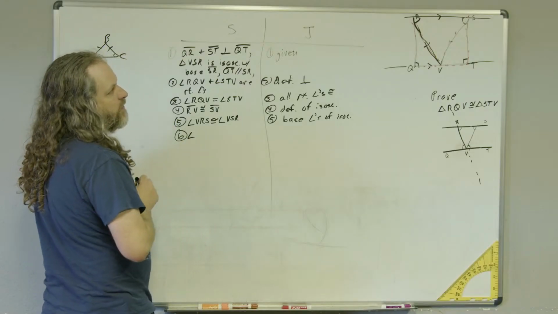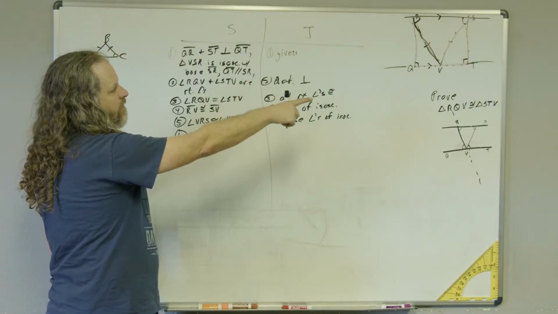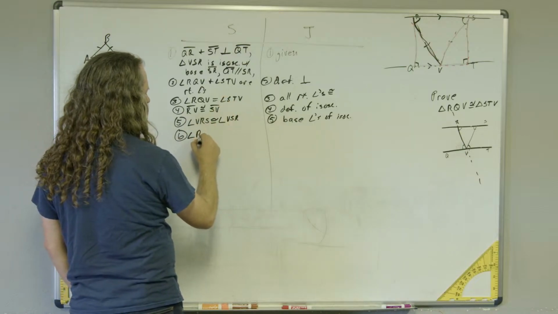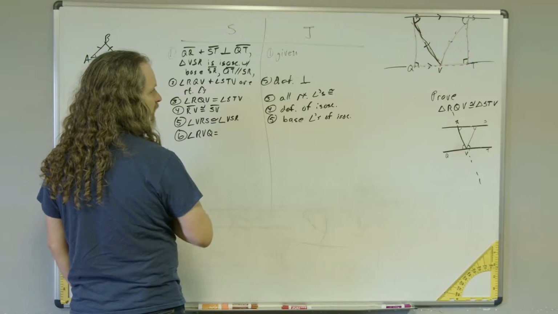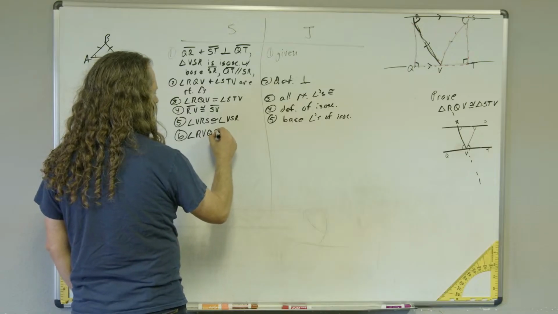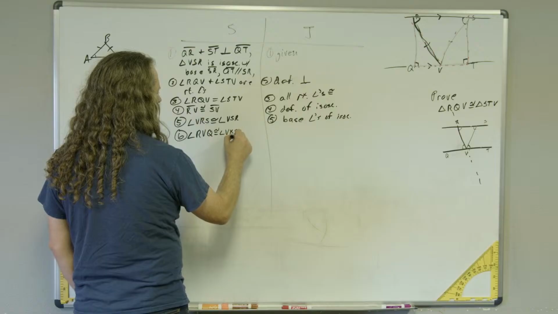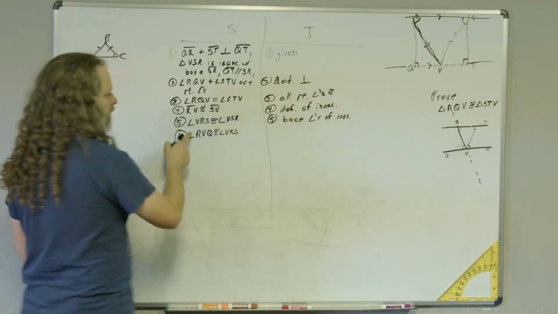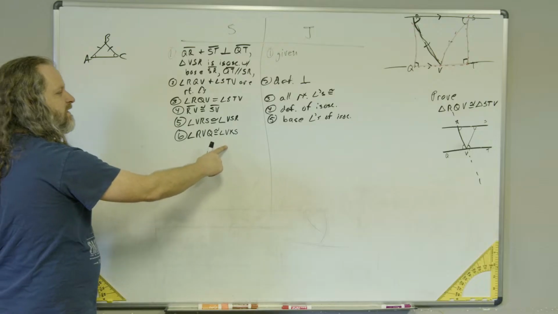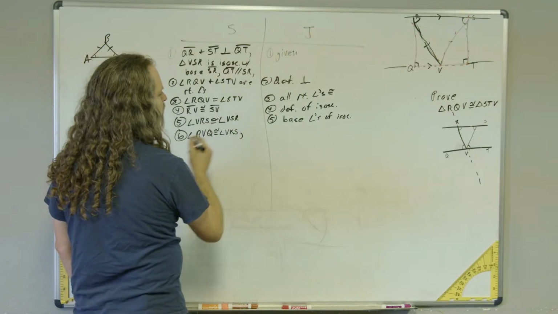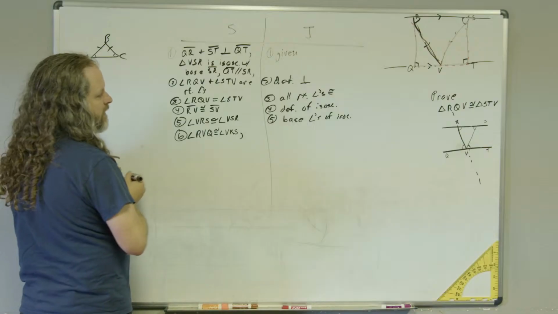So angle RVQ is congruent to angle VRS. Look, that matches. That's going to be handy, right? And do the other one as well because it's the same thing.